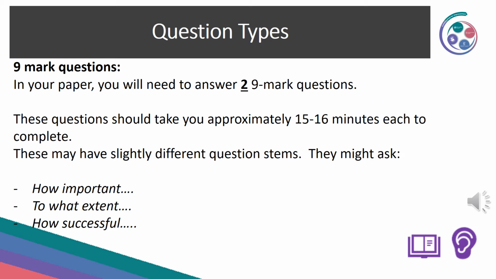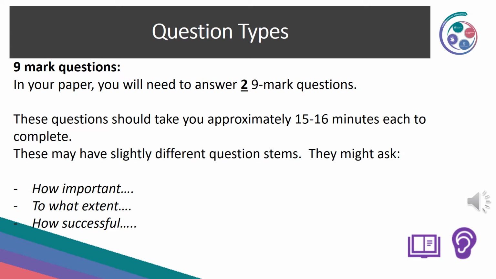We'll now look at a 9-mark question. In your paper, you will need to answer 2 9-mark questions. These can appear in any of the 3 sections that you have studied as part of your National 5 History course. It would be a good idea at this point to go back to the SQA past paper questions and have a look at some of the examples of previous 9-mark questions.